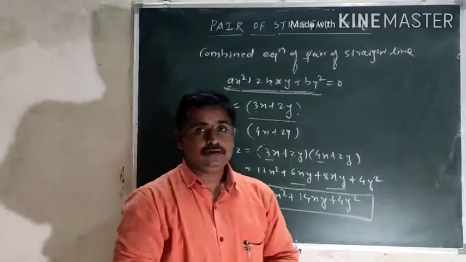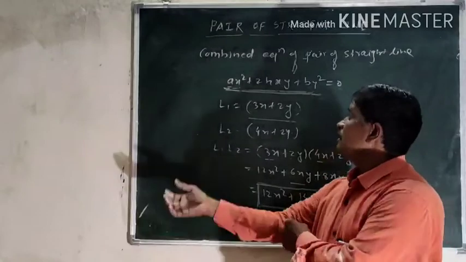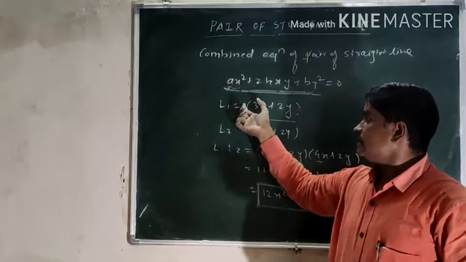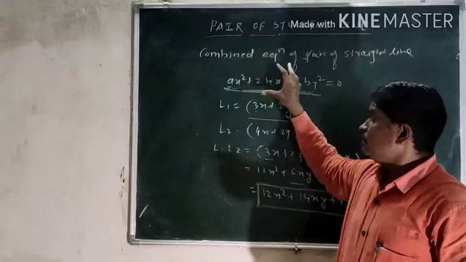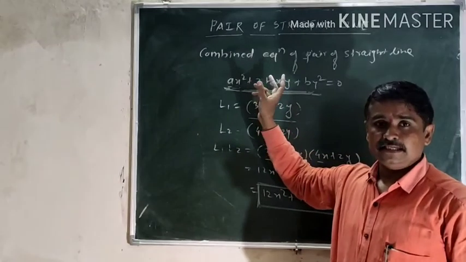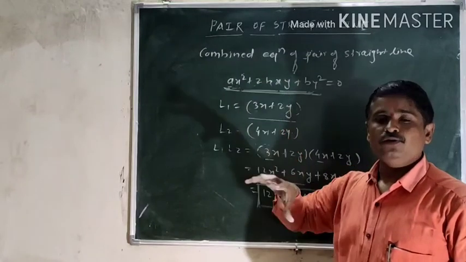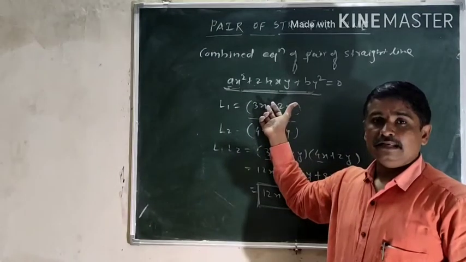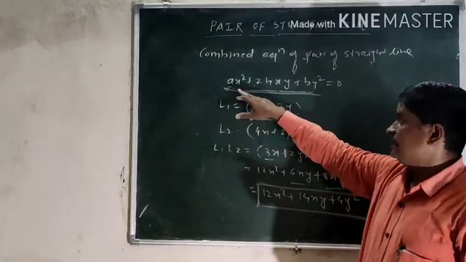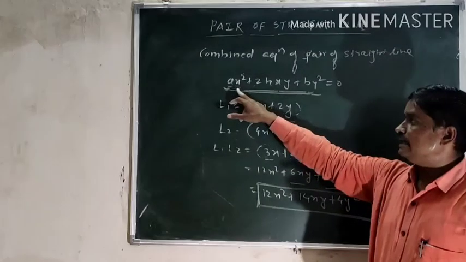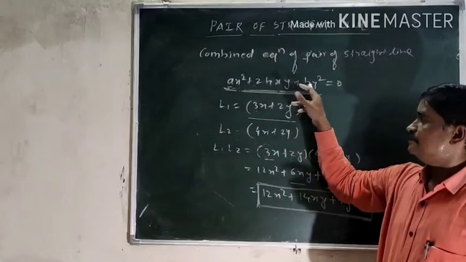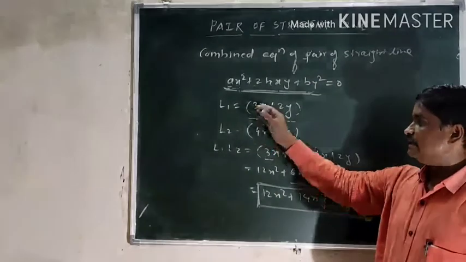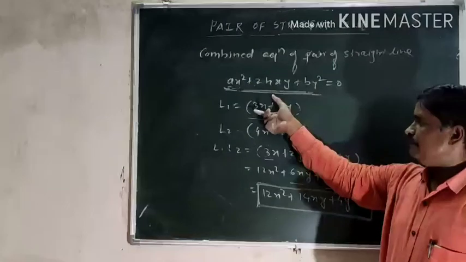Now again I recall what you learned in this case. We have two lines L1 and L2 and we have to find the combined equation of the straight lines. If the lines are passing through the origin, the combined equation of those lines is ax square plus 2hxy plus by square equals 0. And how to calculate the combined equation is nothing but a simple multiplication of the two lines.